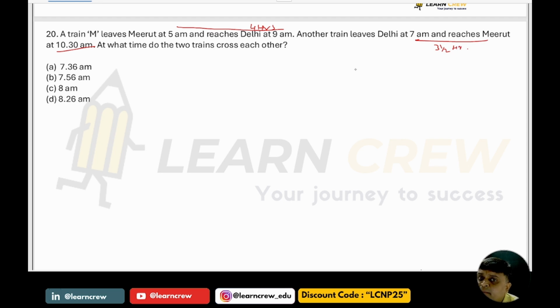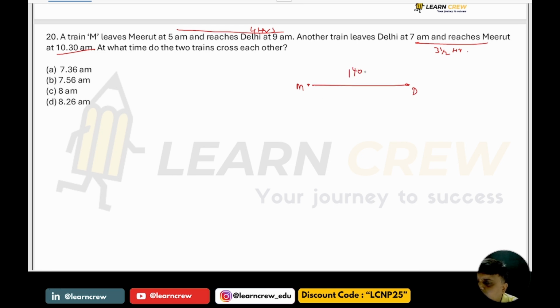So I am considering the distance between Meerut and Delhi as 140. Why 140? Whatever figure I take should be divisible by 4 and 3.5, so that I get the speeds in integers.